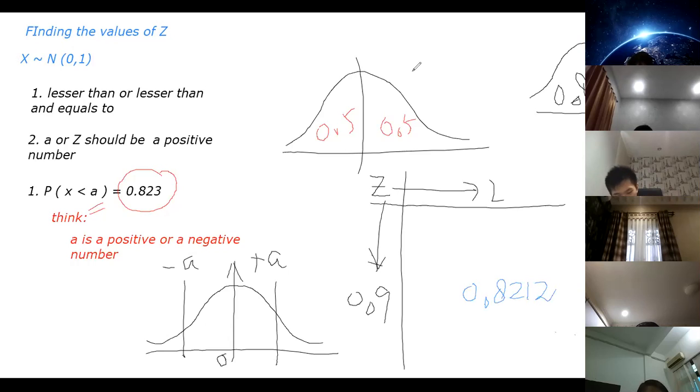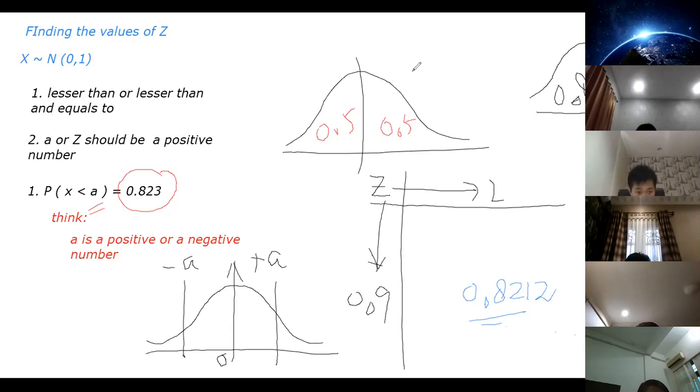So there is no exact value for 0.823. If there is no exact value, we have to take the closest to 0.823, but it has to be lesser, it may not be greater. So again, I repeat, we take the closest to 0.823 and it has to be less than 0.823. It cannot be greater. That's why we decide to use 0.8212.